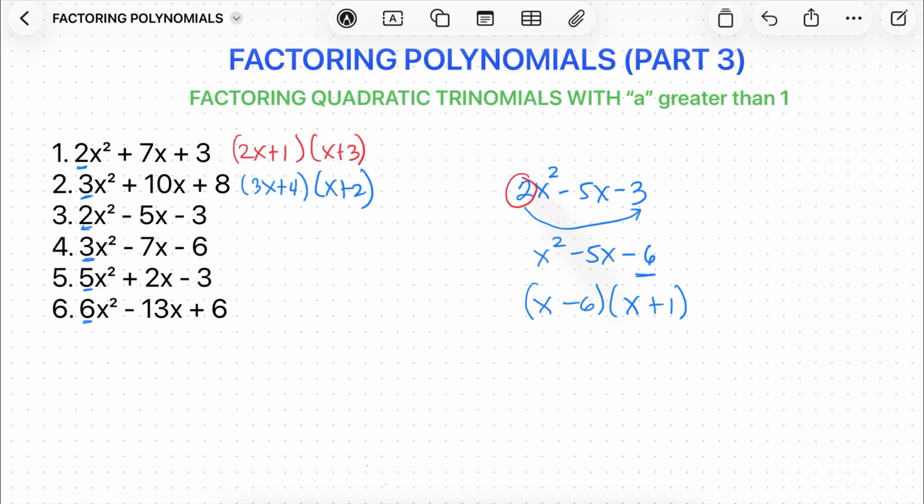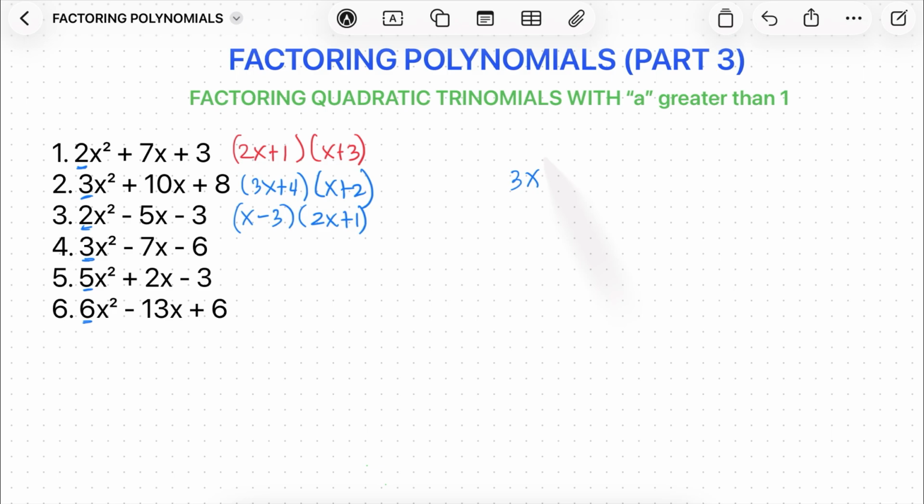And of course, using our numerical coefficient of the quadratic term, we divide it with these. So we have x minus 3, then x plus 1/2. And we may also write our answer in whole number form, so x minus 3, and then this one will be 2x plus 1.